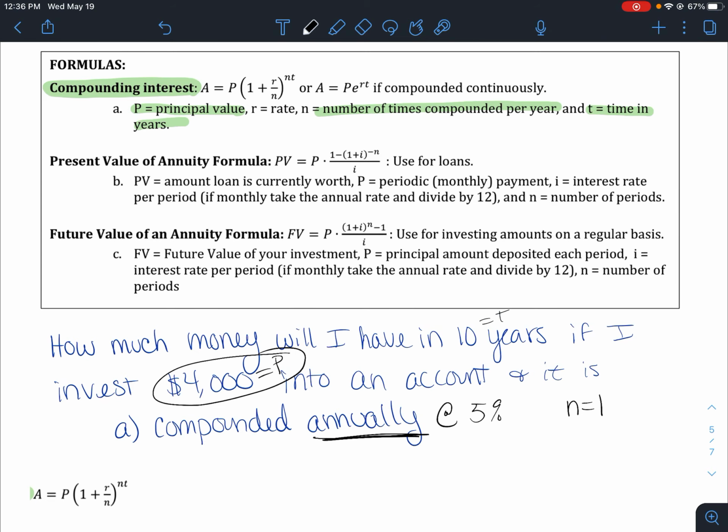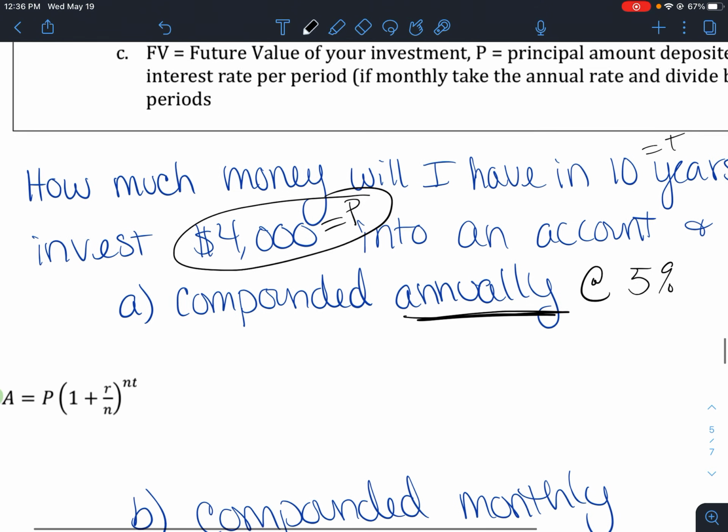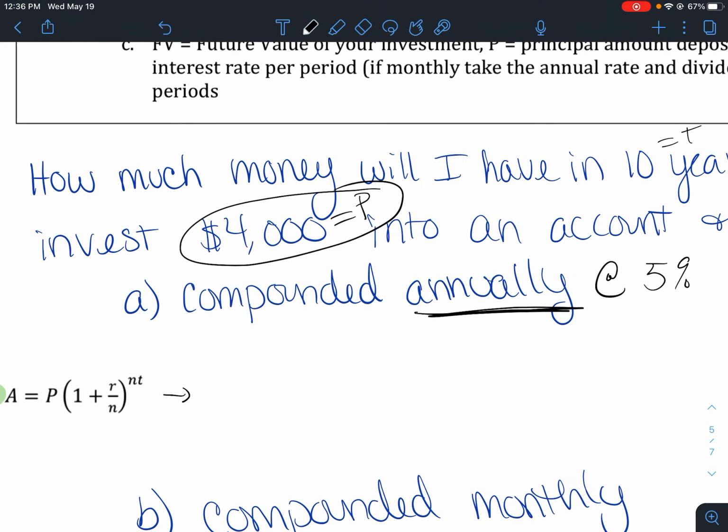All right, so let's fill in this formula, and then A will tell us how much is in our account. So we start with A equals P, and P is 4,000. That's what I'm putting in. Just like when we did the exponential equations, that first value is your starting value. And then it's 1 plus, again, just like with the exponential equations, when we're talking percentages, we want to increase by 100% if we're gaining money.